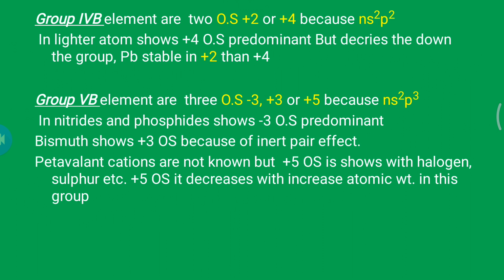Lighter atoms, at the top of the group, show the +4 oxidation state predominantly, but +4 decreases down the group, so lead is more stable in +2 than +4 because of the inert pair effect.